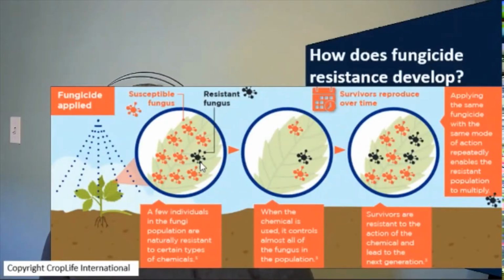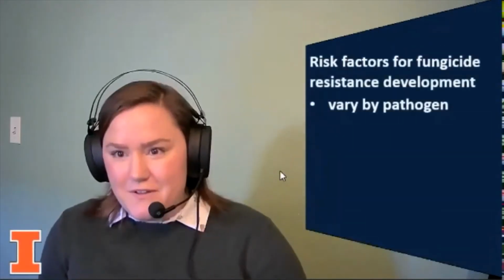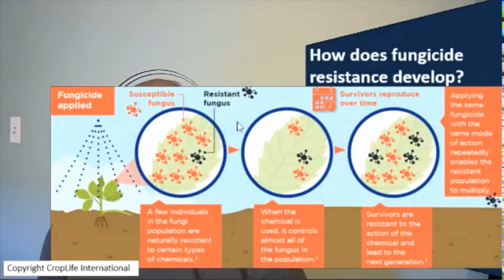So when you apply a fungicide, you are removing some of those susceptible individuals, which shifts the dynamics of the population of the fungus in that field. You now have a higher ratio of individuals that are resistant to that chemical, that mode of action.